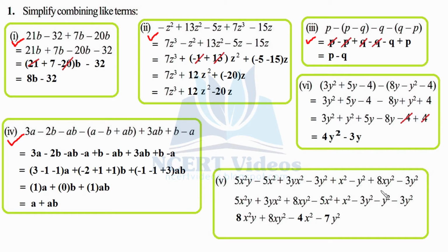Search again, well, no, this is not. Here we have y squared, we are finding for x squared y. Well, we are done with this, and since it has highest power as well and two variables, we will take this. So plus 8xy squared is taken, and this is only one term having such variables.